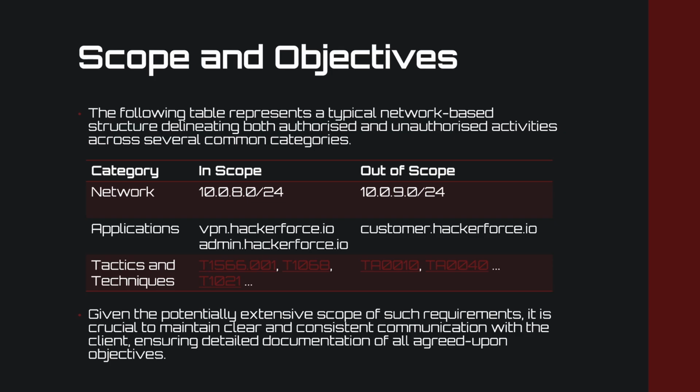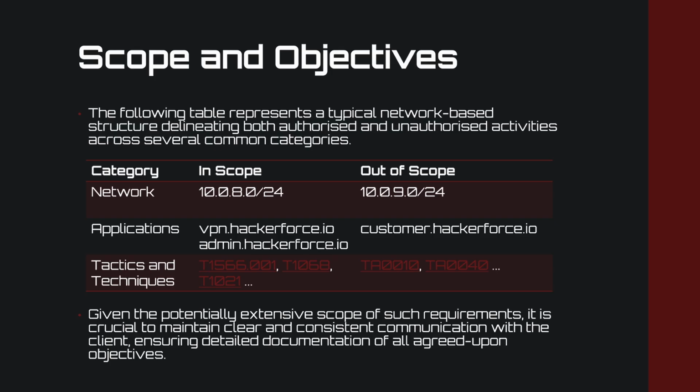The same can be said about the applications category. VPN.HackerForce.io and admin.HackerForce.io are accessible, so you can conduct all your activities on them. But customer.HackerForce.io, be it because of a critical service or something, is not accessible by any means.